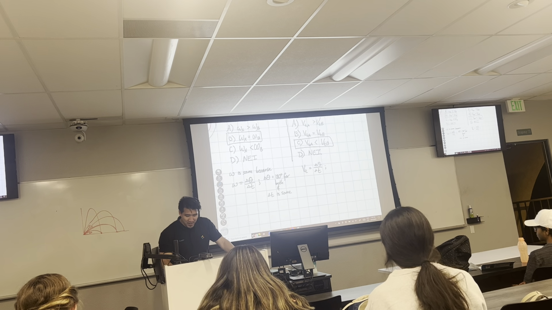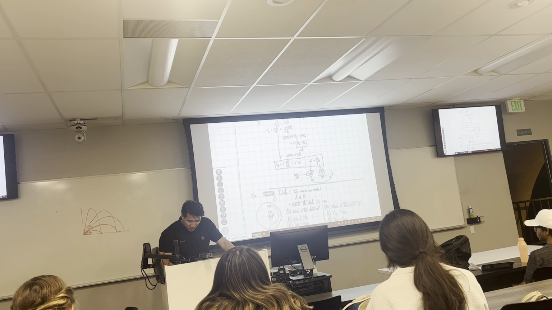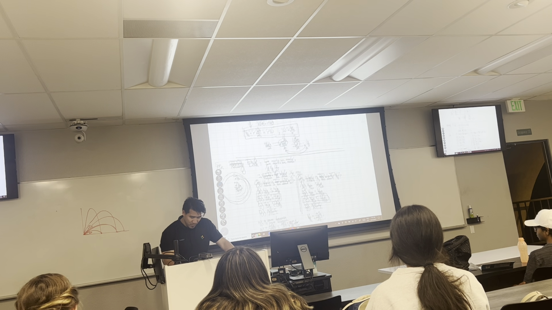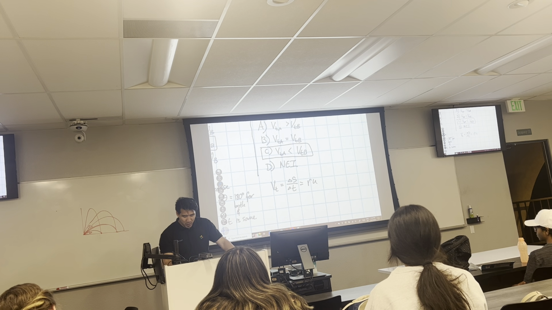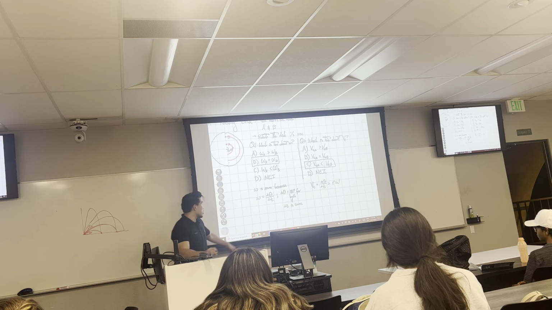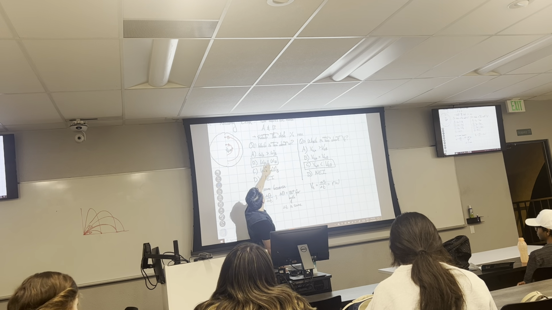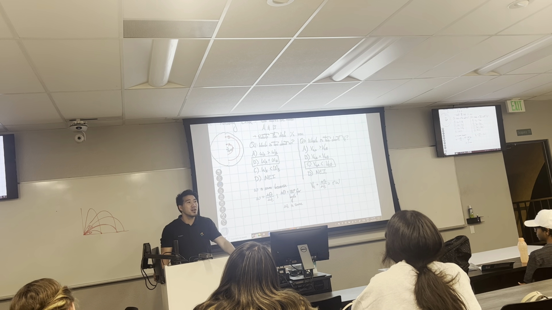Or we can also recognize, remember the Vt was r times omega, which is equal to r omega. In the first problem, omegas were the same. So the only difference then is which one has the larger radius.